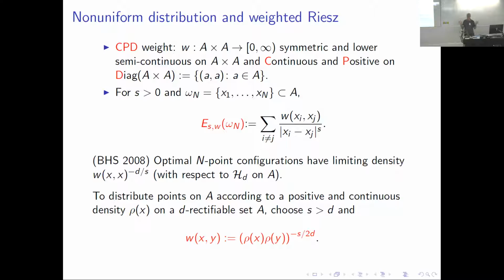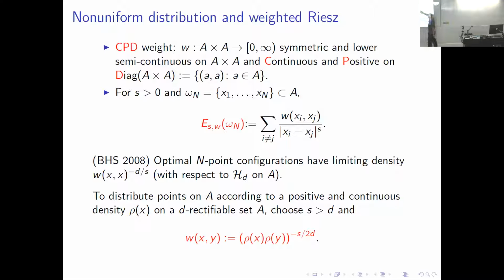We can prove nice covering properties too. They generate what are called quasi-uniform sequences of points.